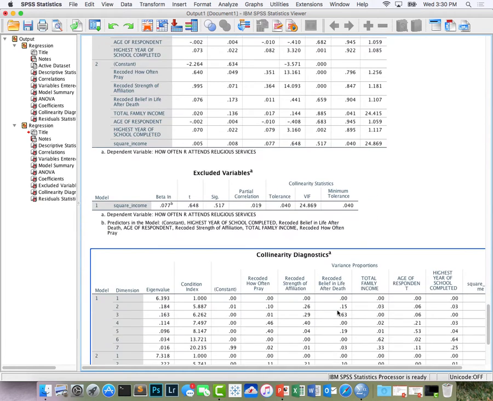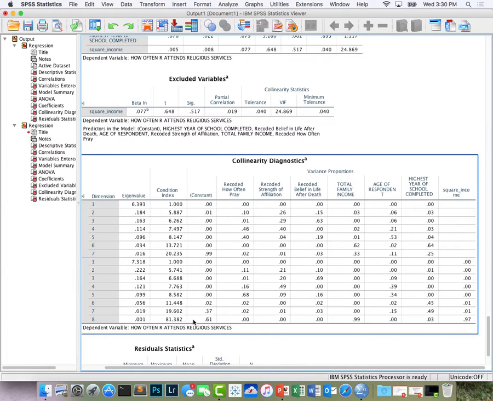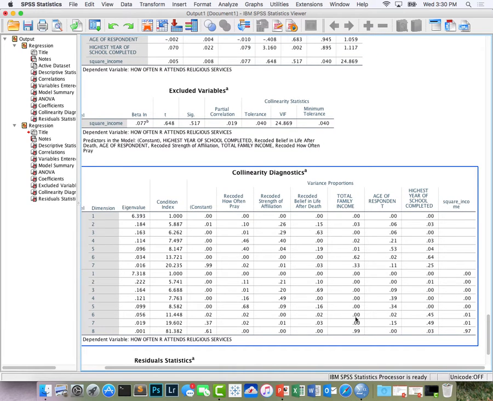We can also look at our other collinearity diagnostics, and we see that the highest condition index is 81, far above the 30, and we can see that income and the square of income is what's causing the problem.